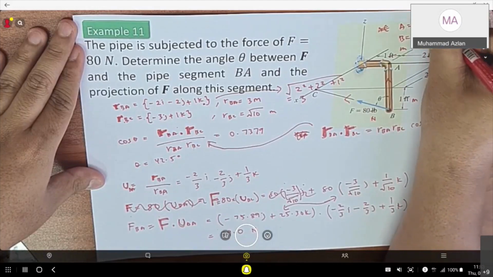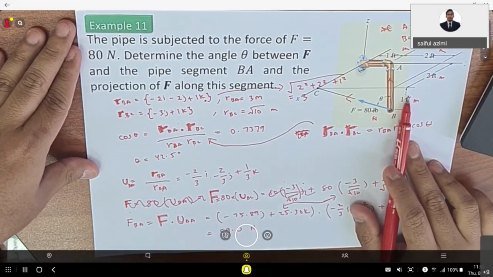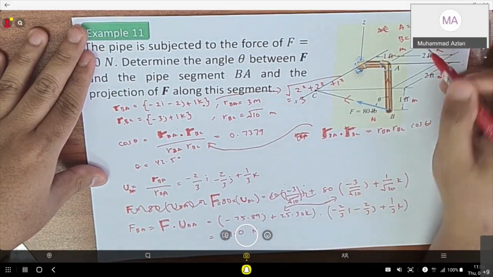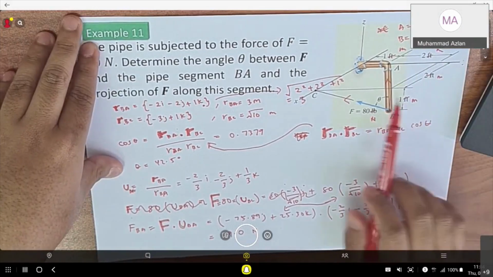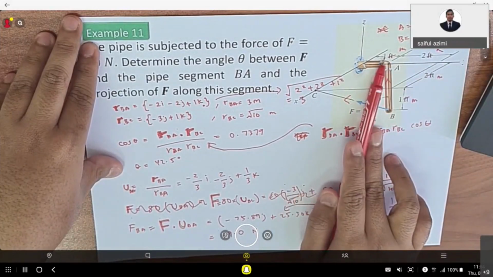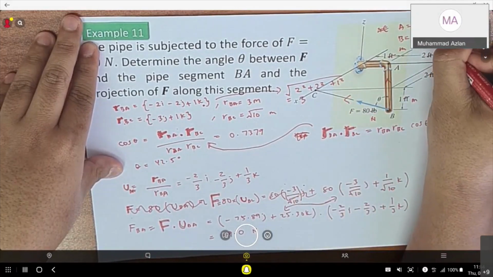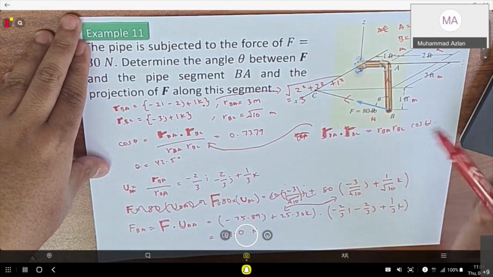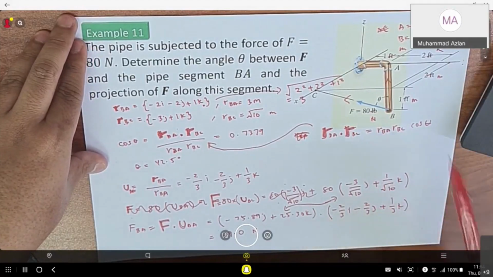B equals 2i plus 3j, minus 1k. This is 1, this is 2, and it goes to there. Plus 3j, plus how many k? Minus 1k.